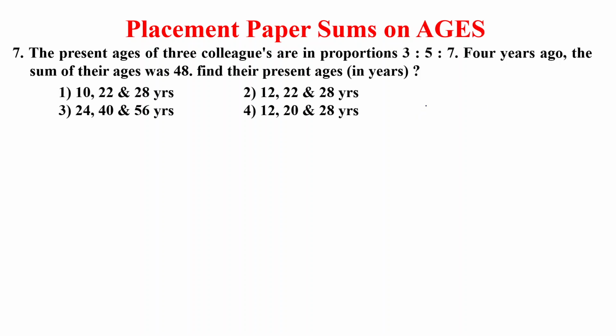The options are 10, 22, 28; 24, 40, 56; 12, 20, 28; 12, 22, 28 years. Find their present ages.